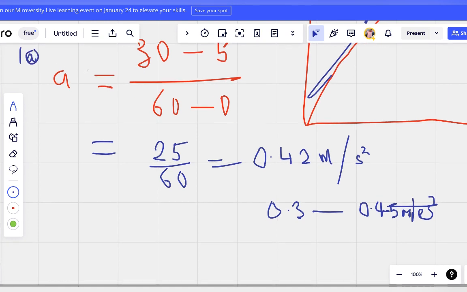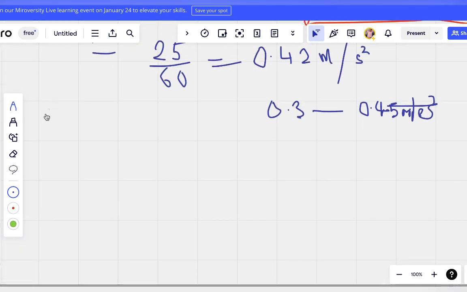Now let's do our 1B. We say the acceleration is at a slower rate. I use a for acceleration. We say acceleration is less. Acceleration is less or at a slower rate.